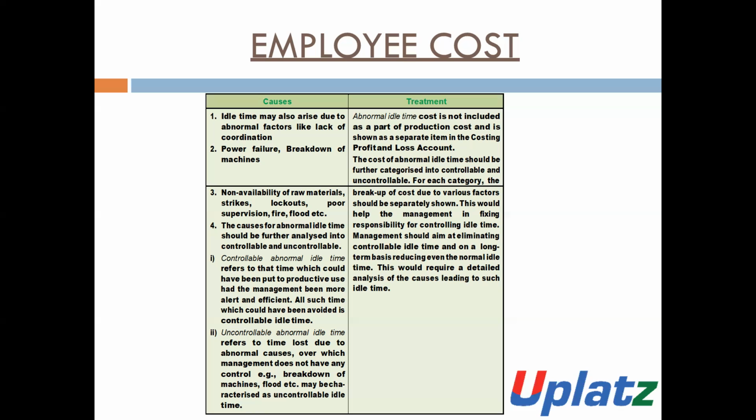Then, what is the meaning of controllable and uncontrollable abnormal idle time? Controllable abnormal idle time refers to that time which could have been put to productive use had the management been more alert and efficient.